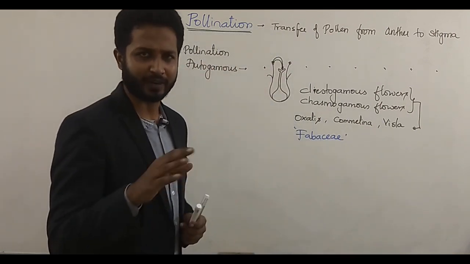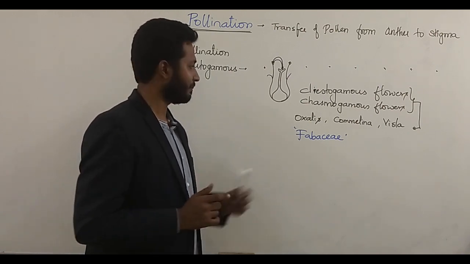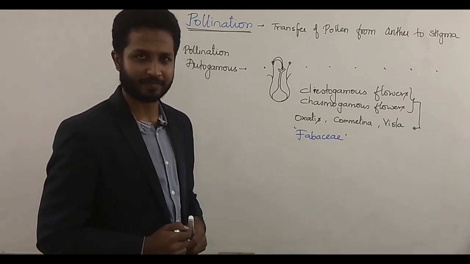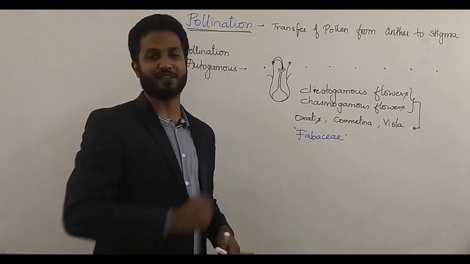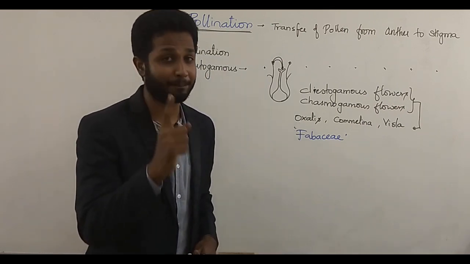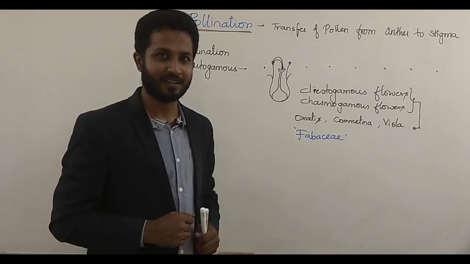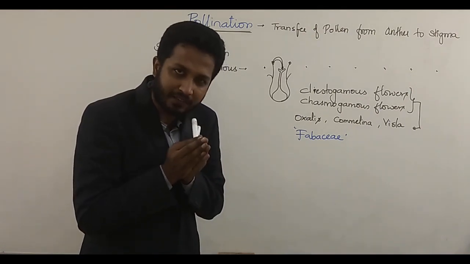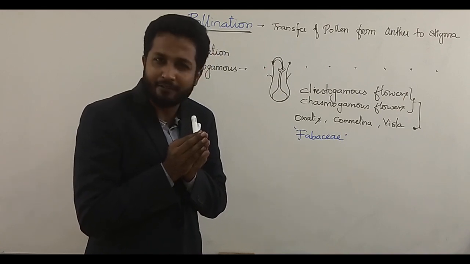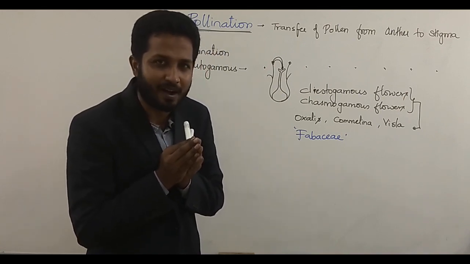All your dals that you eat at home belong to this family known as Fabaceae. And the key character of this Fabaceae family, which you have studied in morphology of flowering plants, is that it will have papilionous aestivation. The so-called flower will enclose anthers, and they never allow exposure of the stigma.